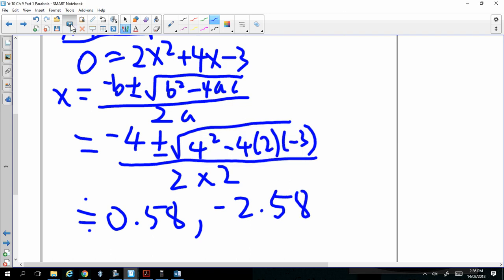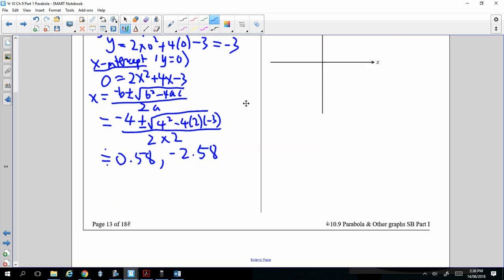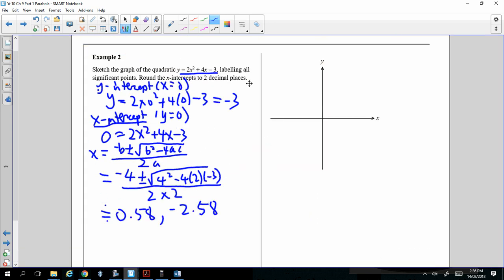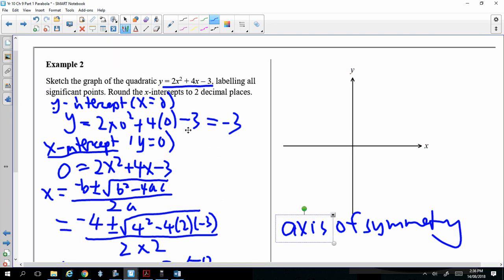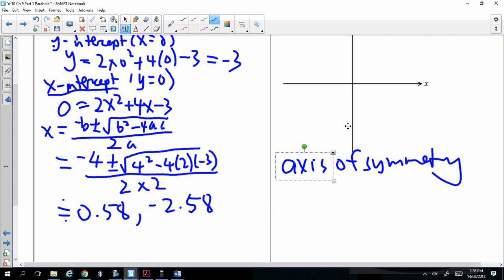And then we also have to find the axis of symmetry and the vertex. Now, for the axis of symmetry, instead of averaging them, you can just use the formula. All right, let's try to do this. We have to go x equals minus b over 2a.